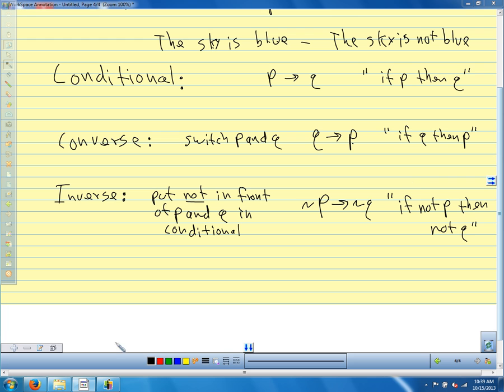And then we have one more, is called the contrapositive. The contrapositive, we put a not in front of the P and Q in the converse.